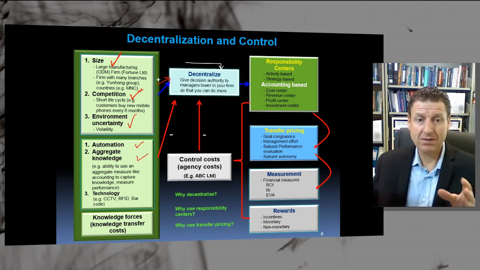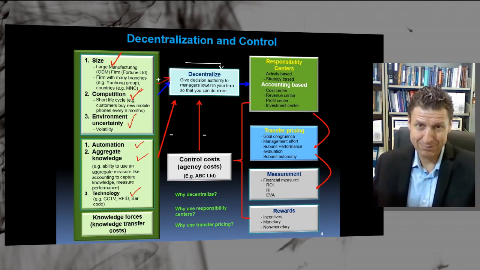Like using accounting to try and capture various KPIs. That's a way of aggregating knowledge. And technology, by using CCTV, RFID, barcoding. Companies all use these 3 things. So technology helps in automation, of course, so it's not completely independent.